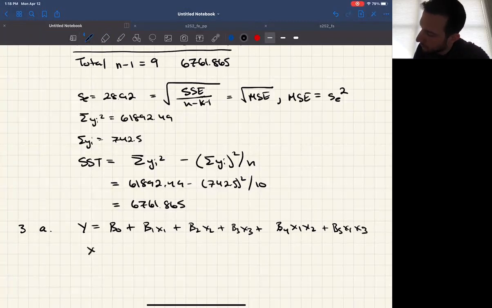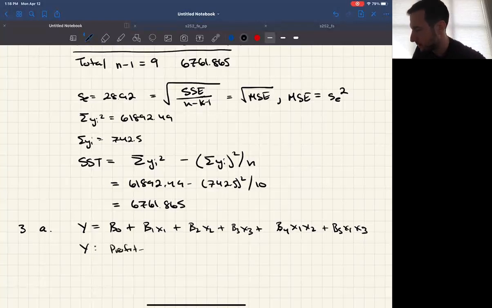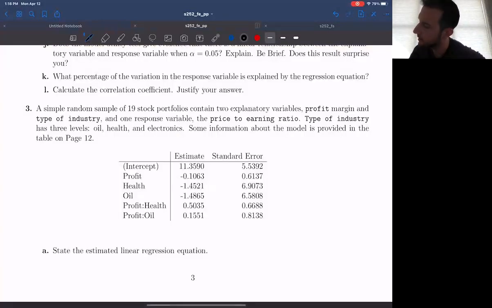Okay, so we'll start from the top. Y is the profit to margin ratio. So that's our response variable. X1 is the profit margin.